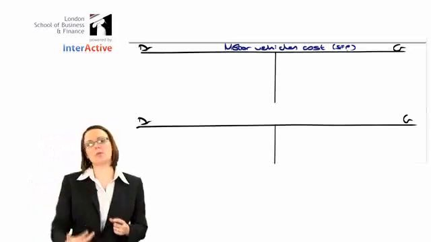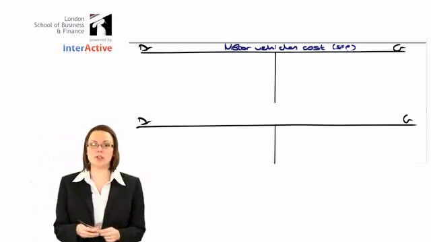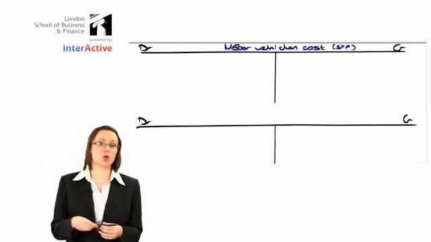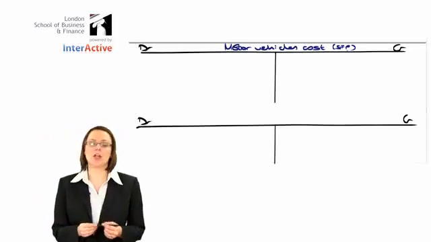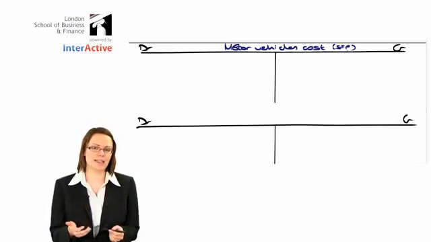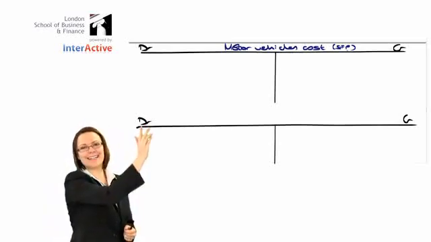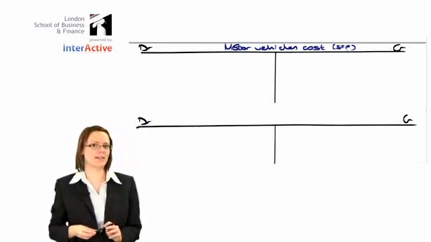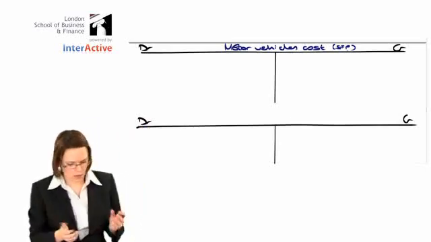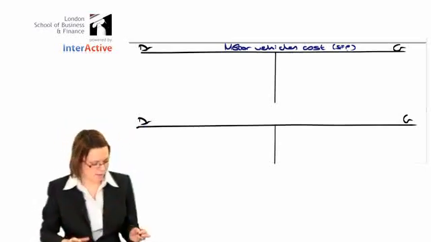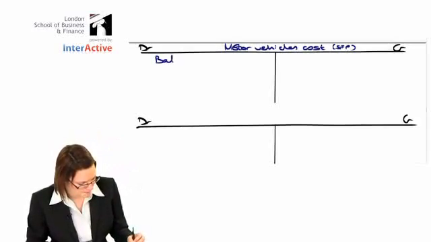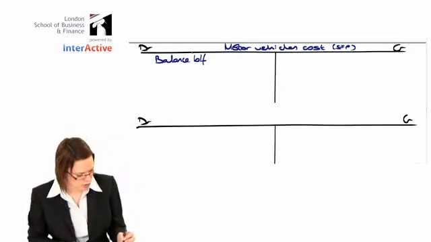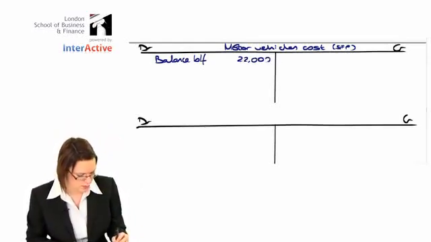Now, if you're ever given an opening balance or a balance brought forward, that dead click mnemonic that I talked about will always apply. So if you have an opening asset, remember assets appear under the D in dead click, which stands for debit. So, on the date of disposal then, we would have brought forward an asset cost of $22,000.